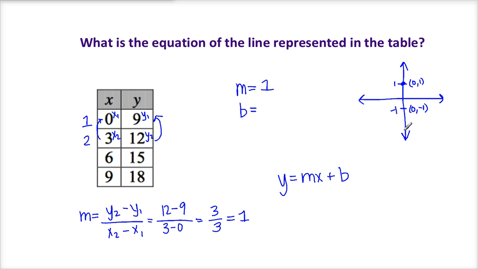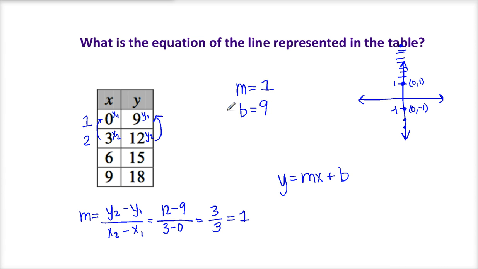Any point on the y-axis is going to have a 0 in the x coordinate, because that would represent a point anywhere on the y-axis. So in my table, I'm going to look for the point that has 0 for x, and it's right here. When x is 0, y is 9. So the y-intercept for this one would be 9.